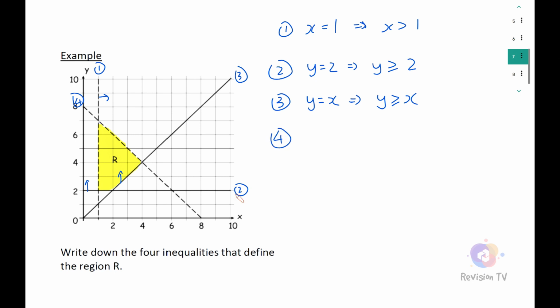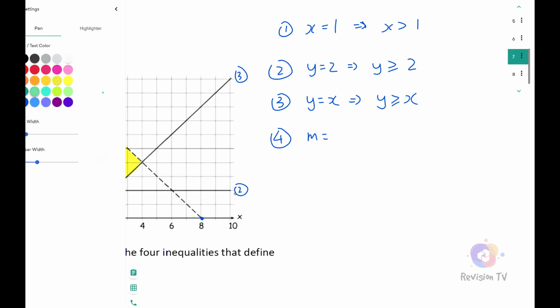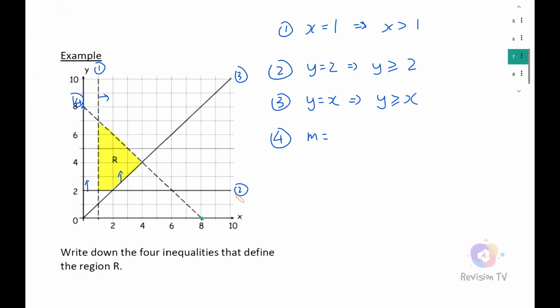And last but not least, line 4, we need to do a bit of work on this one. First of all, you need to work out the gradient and the y-intercept. We can use the point 8 and 8 in here. If I make a big triangle, you can see the difference in y is 8. The difference in x is also 8. So the gradient is 8 over 8, which is 1.